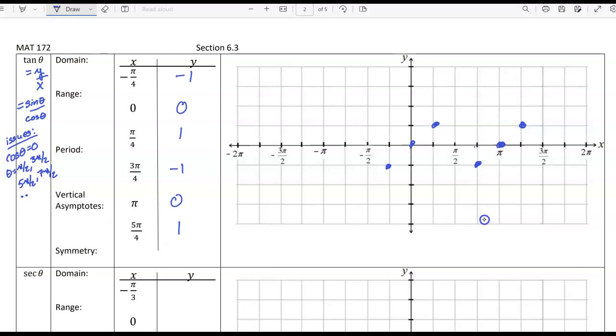So there's a lot of places where this is going to have some kind of domain restriction, right? So the question is, how do we write that concisely? Well, we can write that in terms of (2k plus 1) pi over 2, where k is an integer.